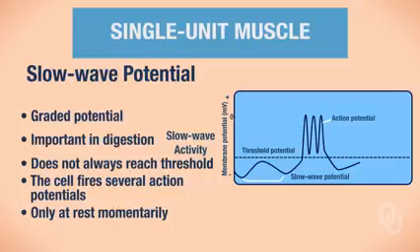And if the cell does not reach threshold, which a lot of times it doesn't, an action potential will not occur. If the cell does reach threshold, multiple action potentials will occur. This is very different than a pacemaker potential. We will come back to pacemaker potentials when we study the heart and slow wave potentials when we study the regulation of digestion.